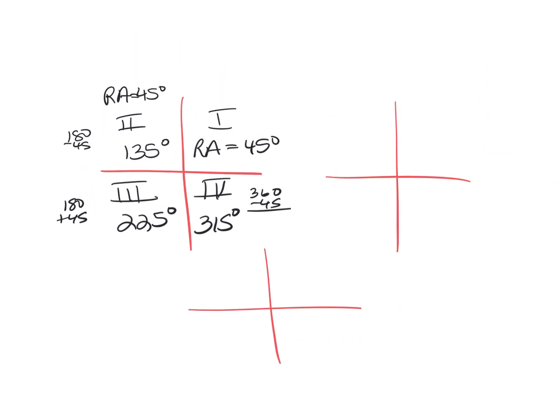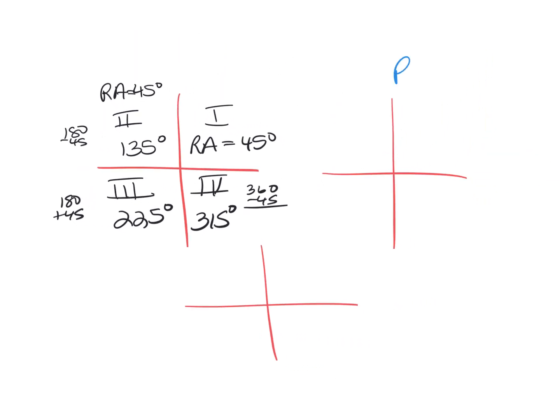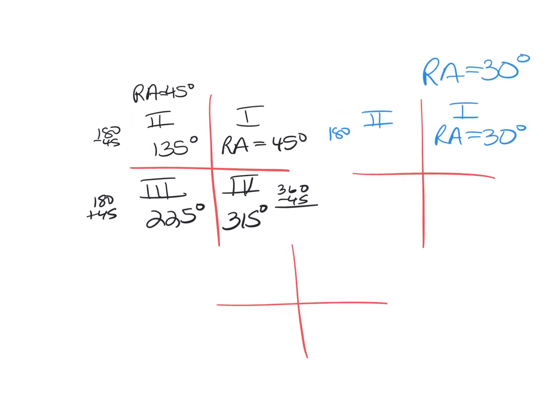Same thing, let's say it's a reference angle of 30 degrees. So again, the reference angle is in quadrant 1. In quadrant 2, it's going to be 180 minus 30. So this one's 150. Then 180 plus 30, and this is 210. And then 360 minus 30, and it's 330. So these would be all the angles that are associated for each quadrant when your reference angle is 30.